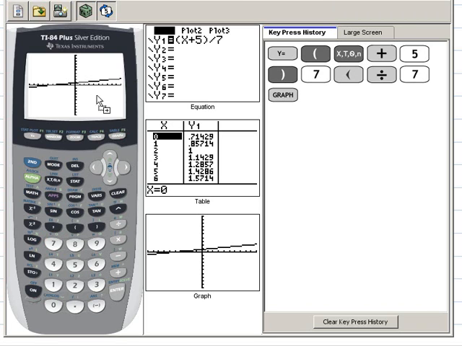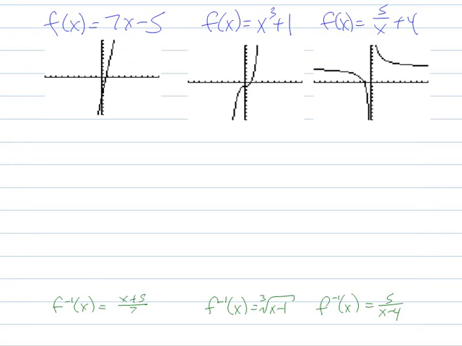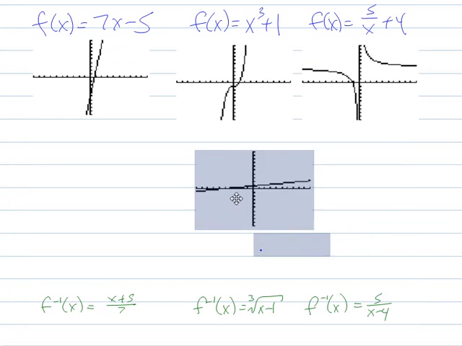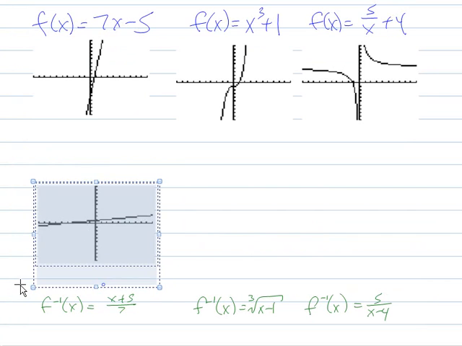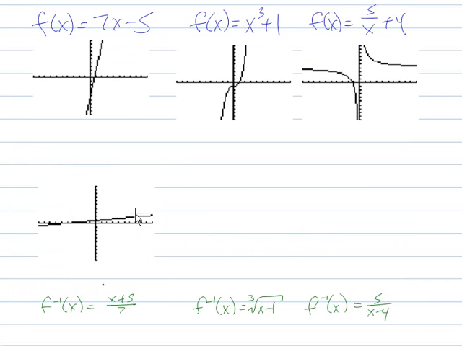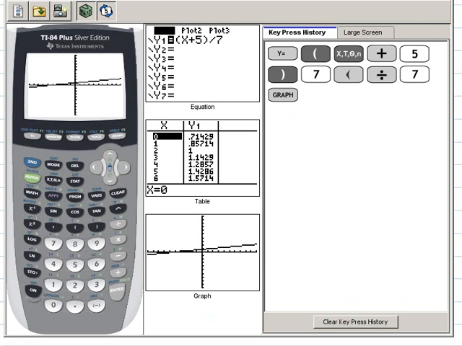Okay, so I'm going to pull this off and grab it right here where you can see it. Now I'm going to graph the cube root of x minus 1. Let's see, do I have a cube root button?